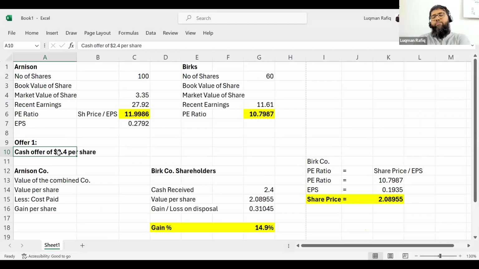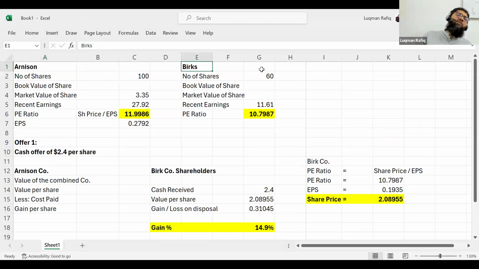I would say okay. Now my question is, how much percentage gain did I get? It's quite simple. I'm getting 2.4 per share. I need to know the value of my share right now. Once I know that, I will compare the gain and get the percentage. Is that okay?